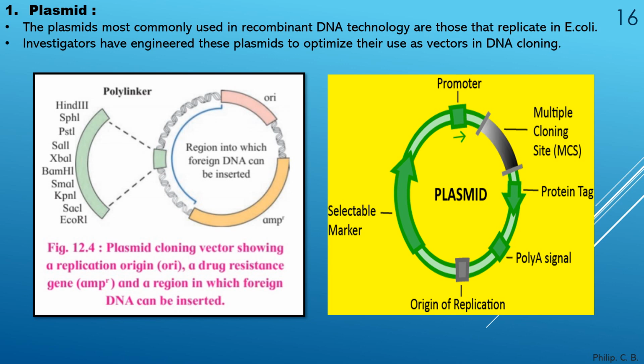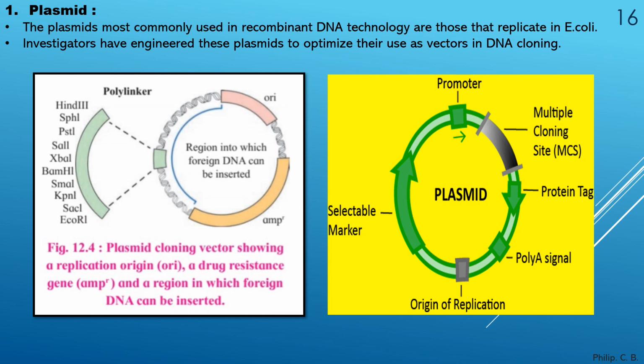Further, now what is this plasmid? The plasmids most commonly used in recombinant DNA technology are those that replicate in E. coli. Investigators have engineered these plasmids to optimize their use as vectors in DNA cloning. You can see again the two images: on the left, the plasmid cloning vector showing a replication origin, a drug resistance gene, and a region in which foreign DNA can be inserted.